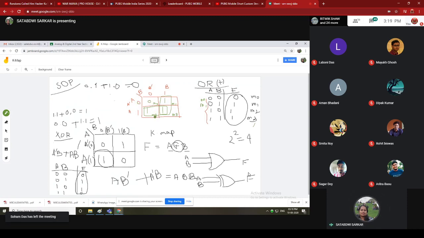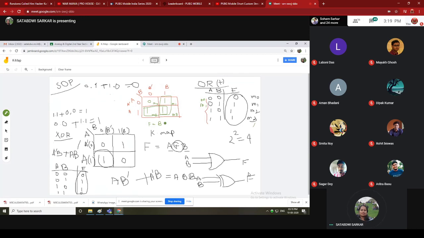But for this row, M2 and M3, the value of A is 1. So for M1 and M3, making a group of M1 and M3, the value of A is changing, so we are not taking A. We are just taking, suppose F equals, B, because the value of B is 1.